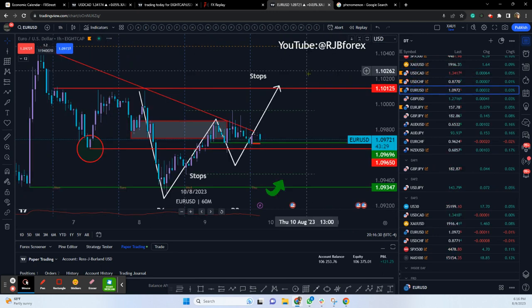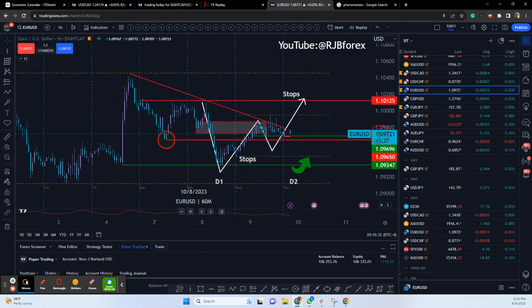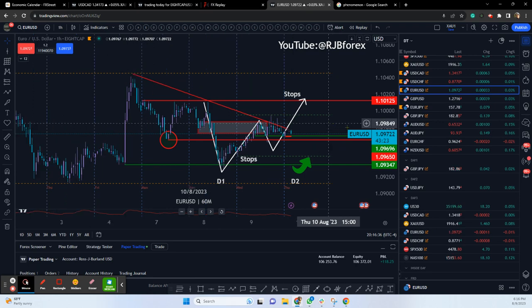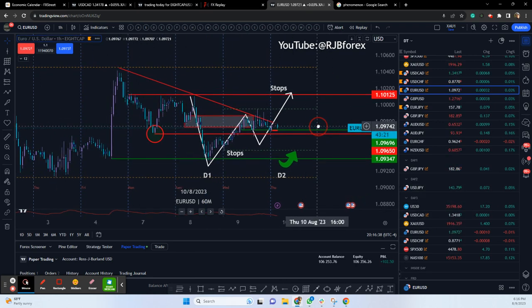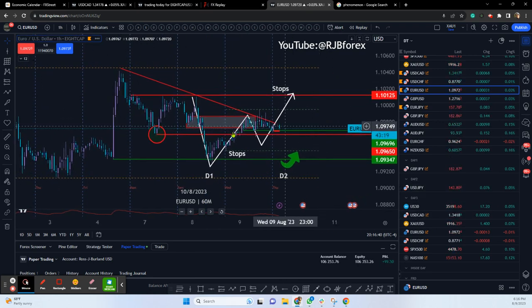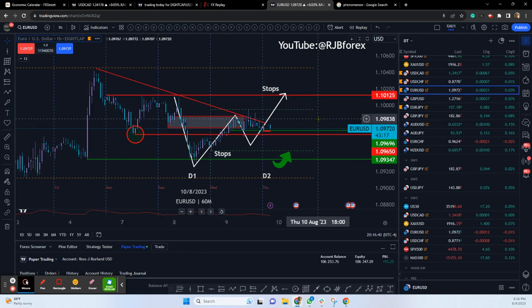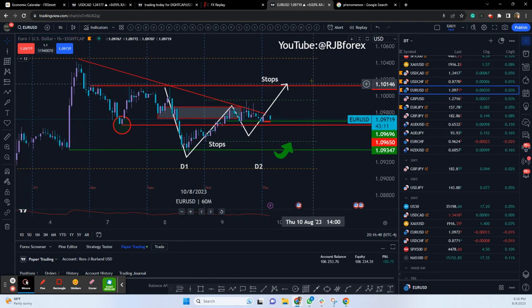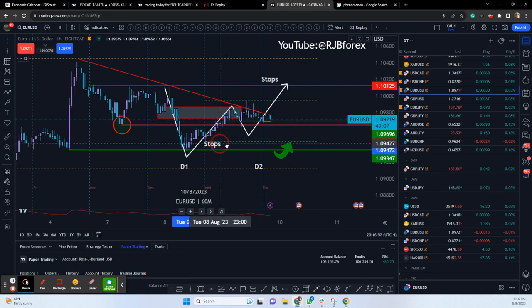Euro dollar. Day 3. Stops on the upside, maybe we'll come up to plummet. Maybe we're just going to plummet through those stops over here.